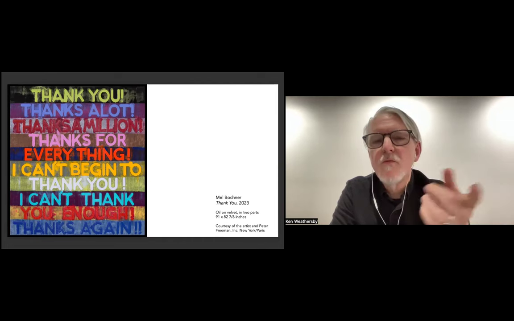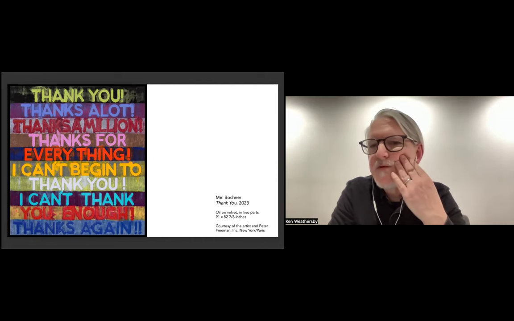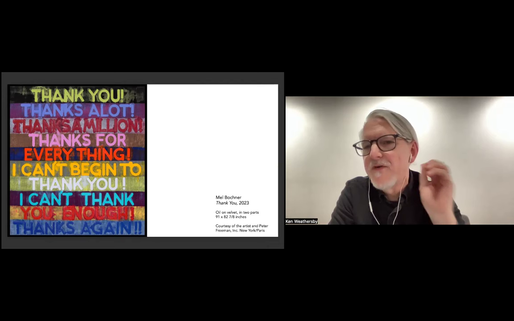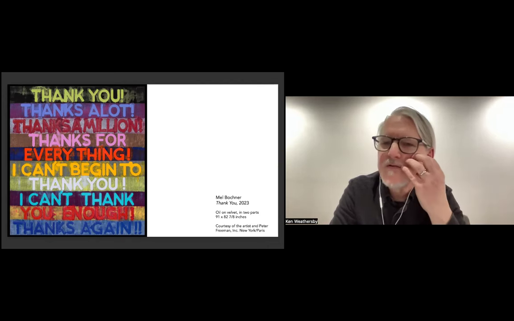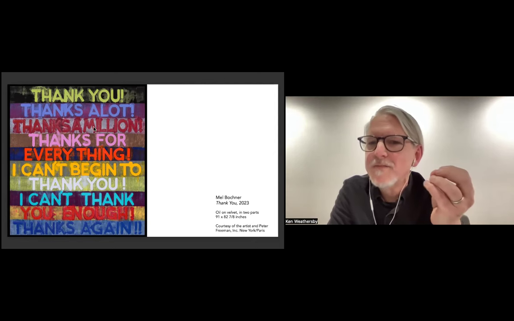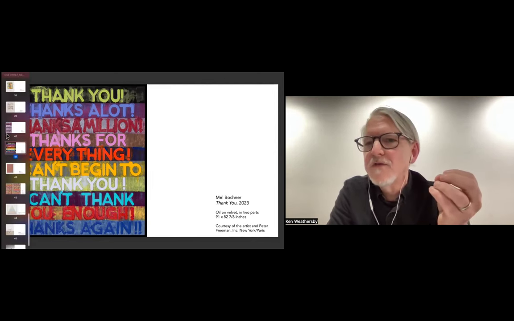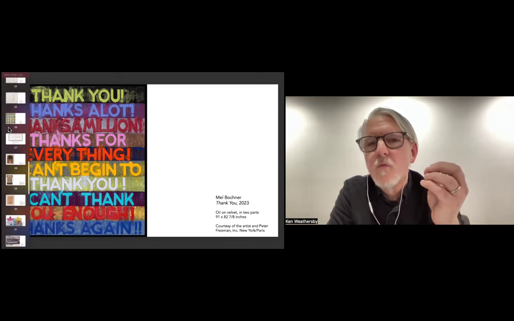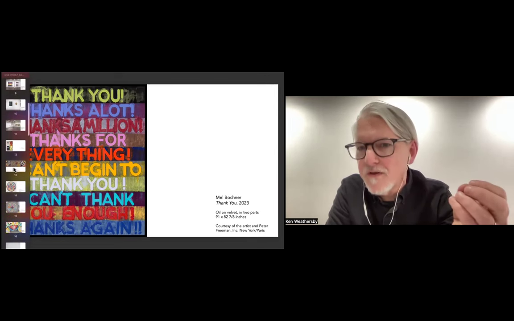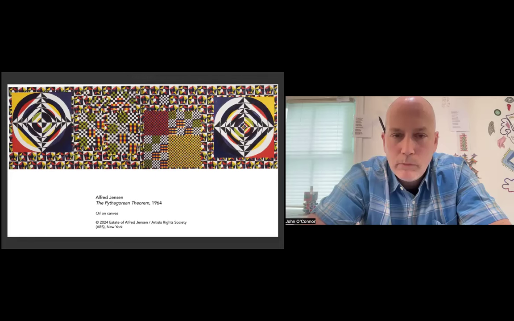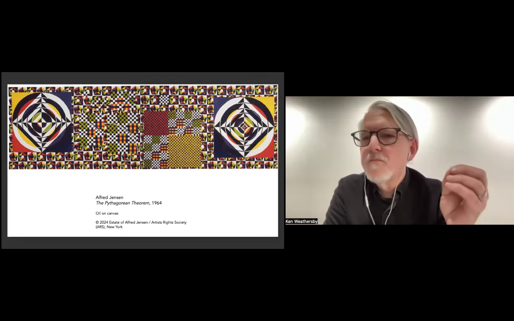Since you mentioned the Jensen being in panels, the Pythagorean theorem, there's a thing about that painting that I've been wanting to say, and it's maybe coming out of context here a little bit, but we were talking about grids earlier. I had not seen the painting in person before we got it for the show, and when we saw it, I realized something that blew my mind.